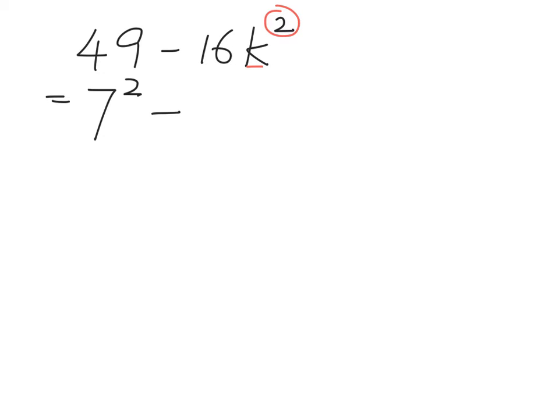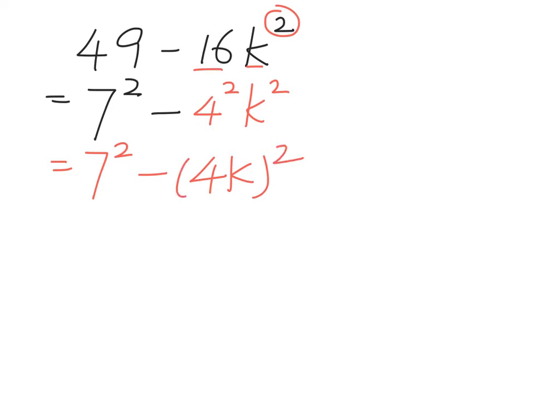So that means everything in b, you need to become something squared. So for 16, we know that is 4 squared, times k squared. As a result, it is 7 squared, and this one can become the square of the whole 4k, okay? So this one will map everything in b, take square.